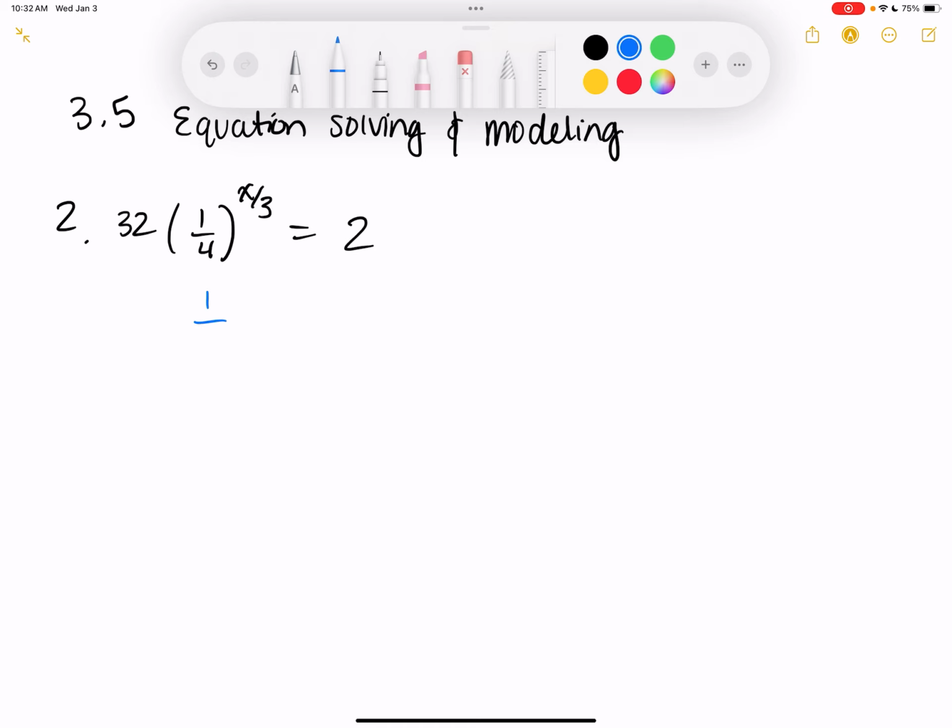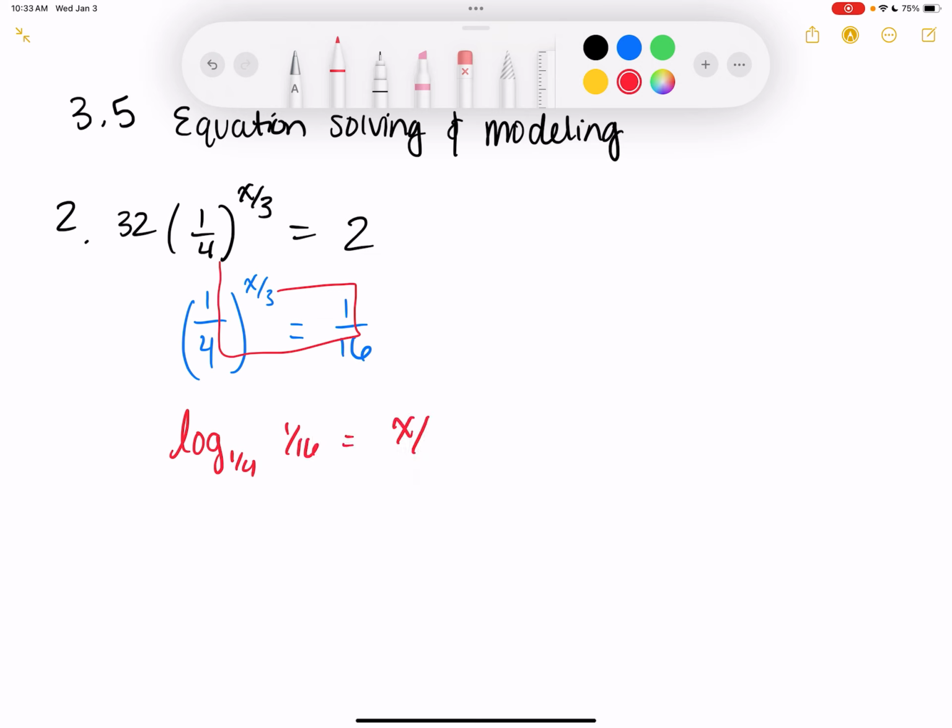So we get 1/4 raised to the x over 3 is equal to 1 over 16. At this point, there's nothing more I can do other than it's an exponential, so I can use a log to solve it. So I use the L. So log base 1/4 of 1/16 is equal to x over 3.